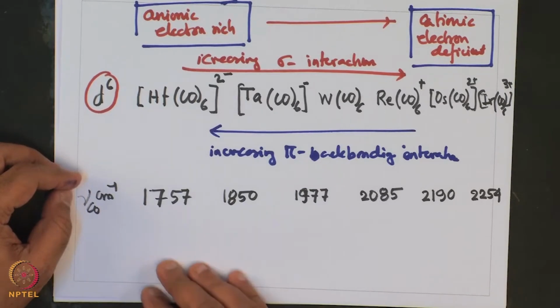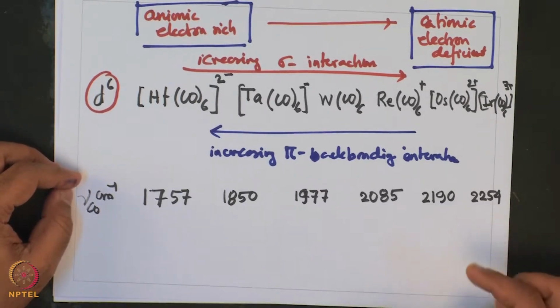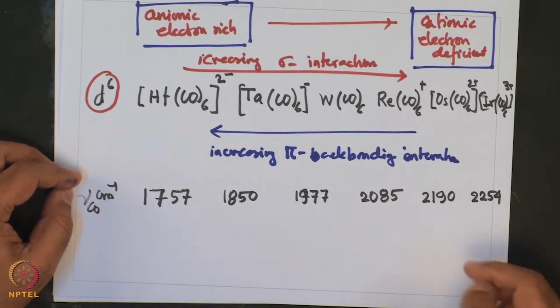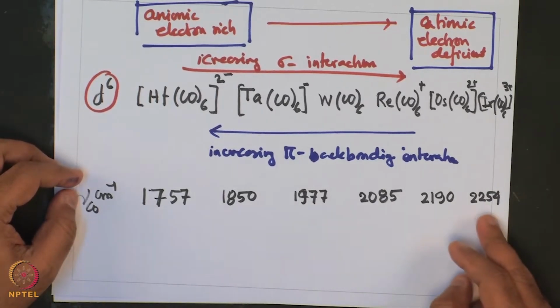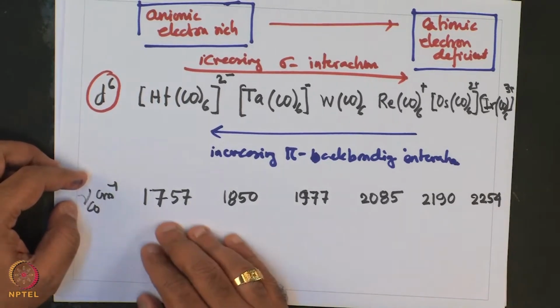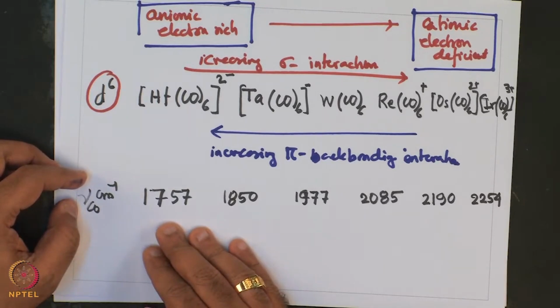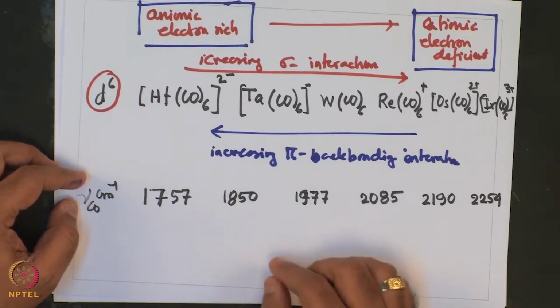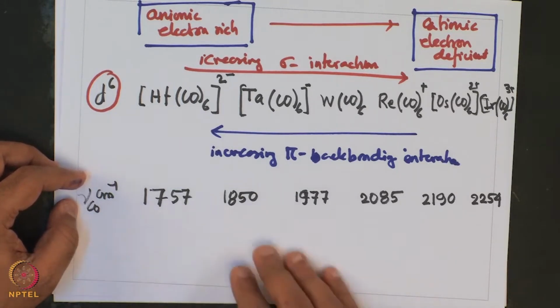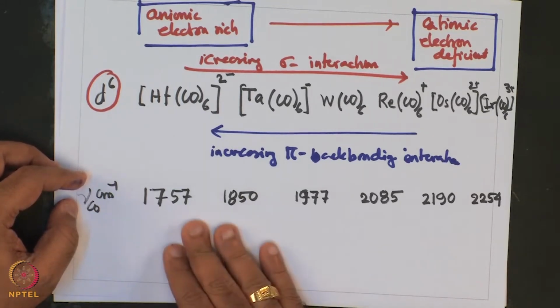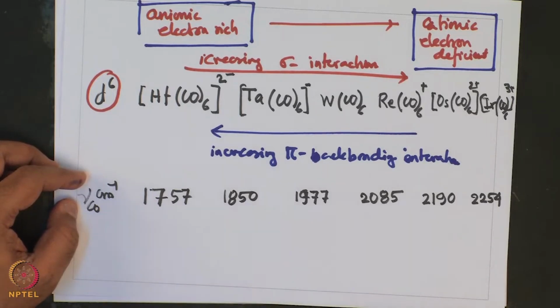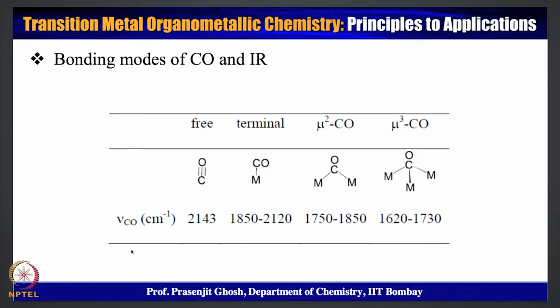What is observed is that the more electron deficient metal center cannot undergo pi back donation, as a result the CO stretching frequency is the maximum, and an electron rich metal center which can undergo pi back donation will lead to weakening of the CO bond order, followed by a lower CO stretching frequency.